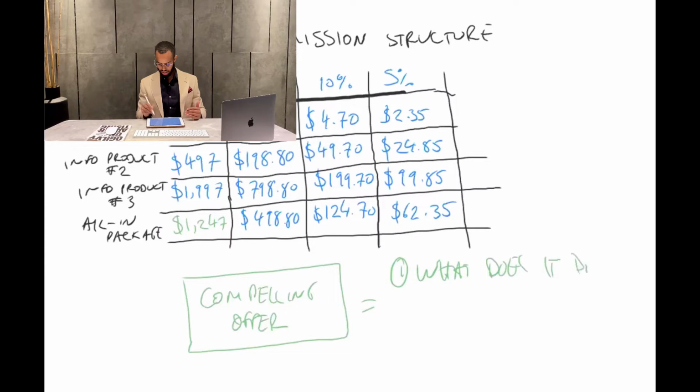What does it do? And number 2, who is it for? This is what a compelling offer answers. And so the first stage to earning money with a digital network is to have a compelling offer.